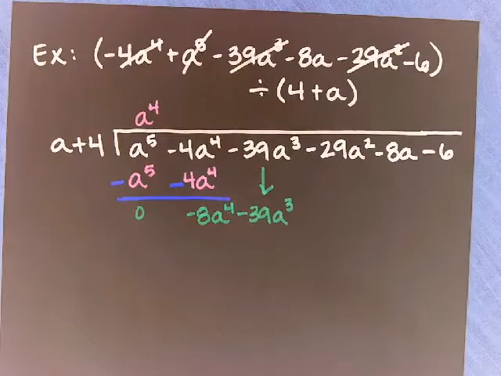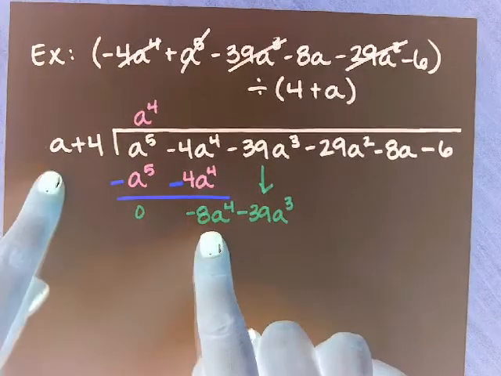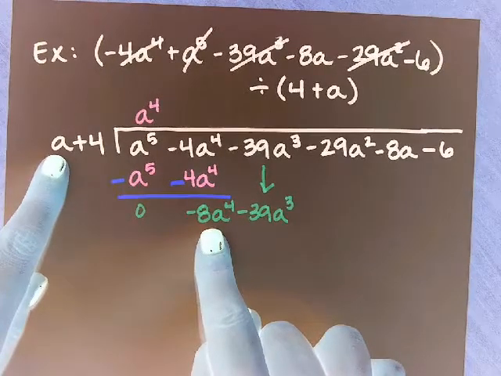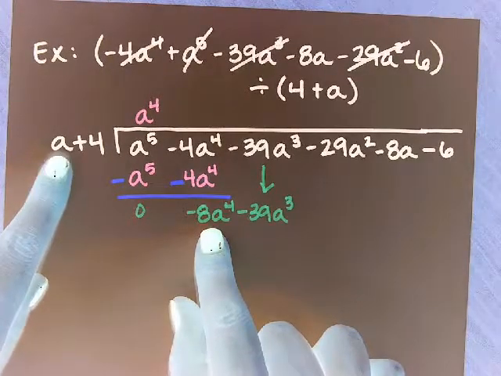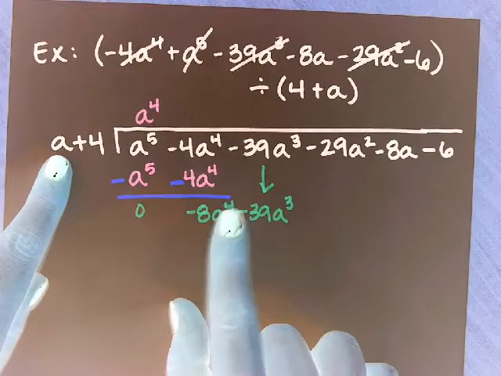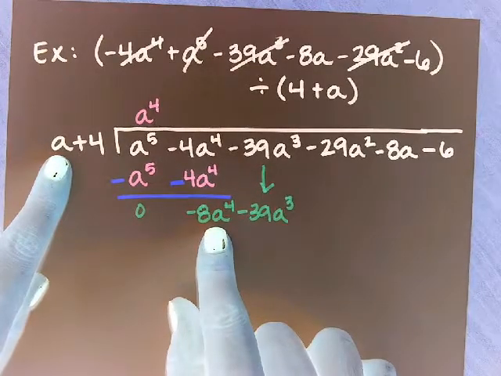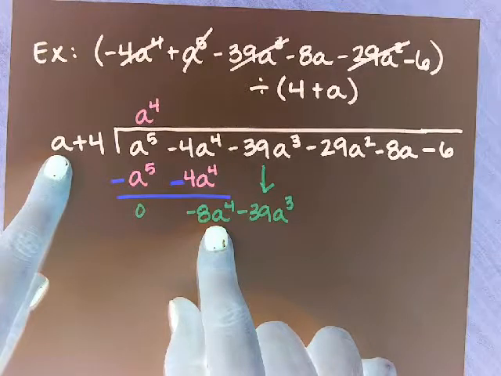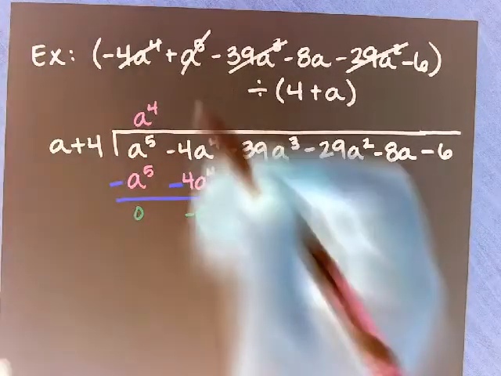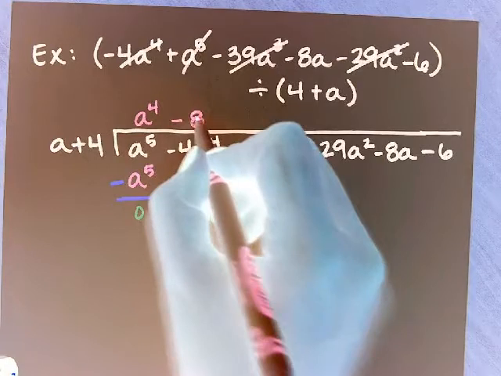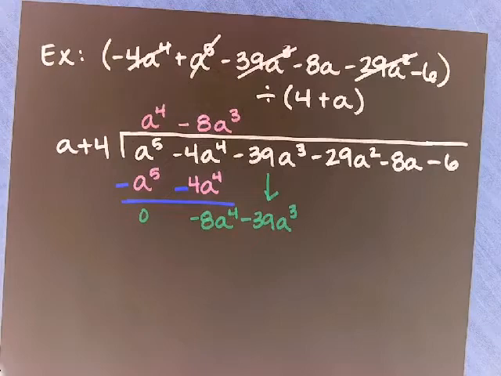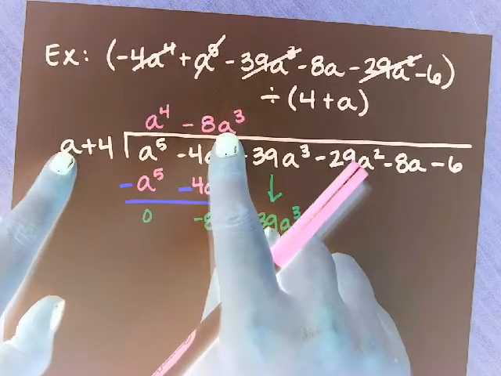Okay, now what do I ask myself next? Yeah, so a multiplied by what becomes negative 8a to the 4th? And we want that negative, right? So negative 8a to the 3rd. Okay. So now what do I do?